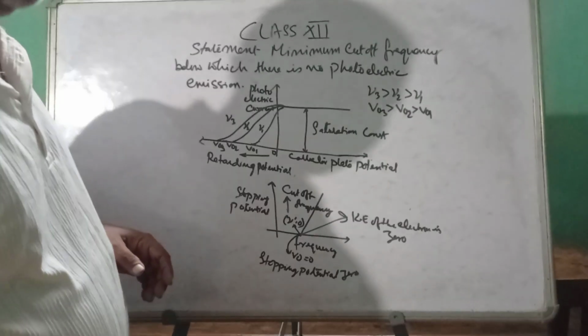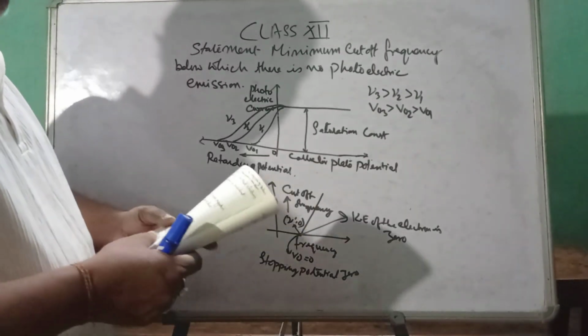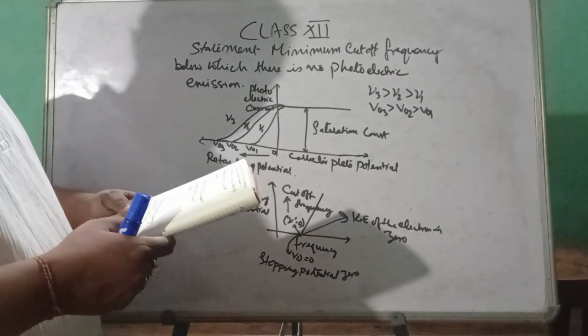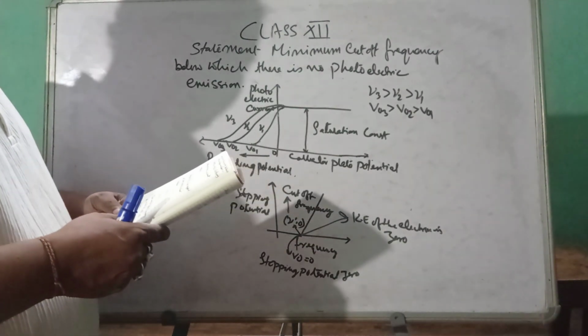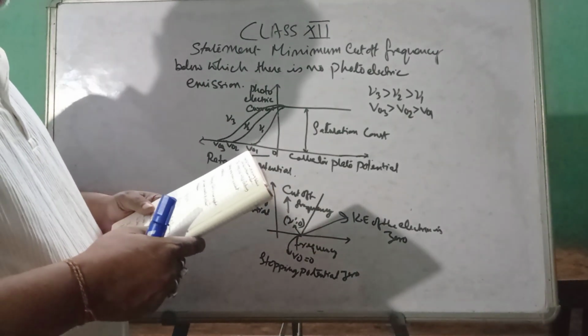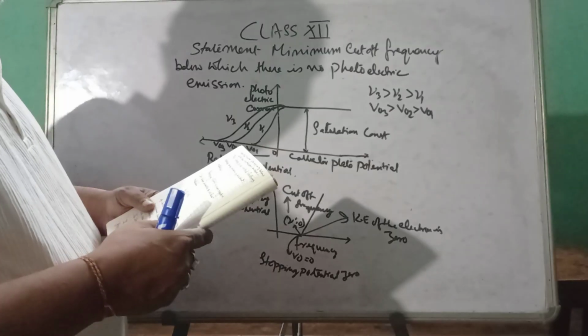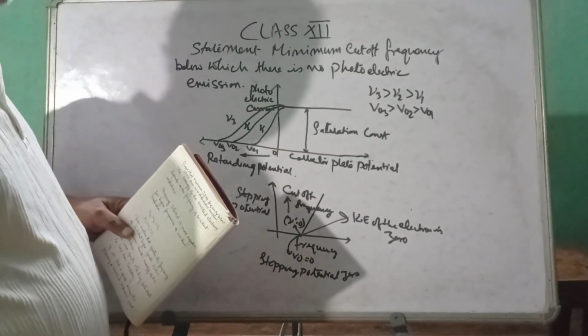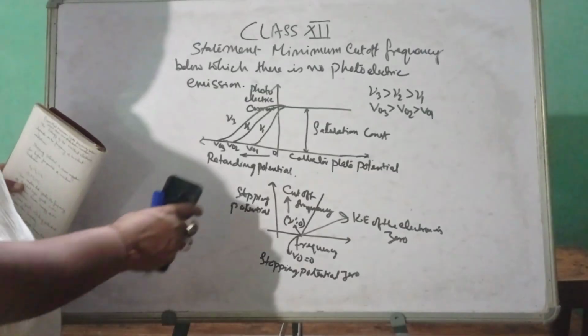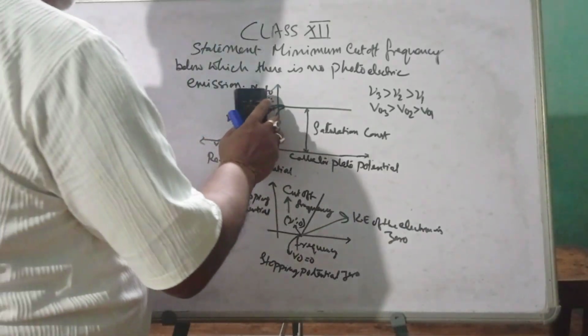They have also written that the energy of the emitted electrons depends on the frequency of the incident radiation. What are the conclusions they have got?